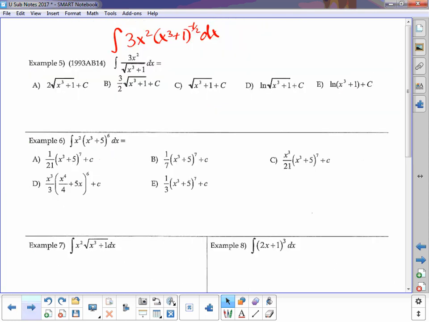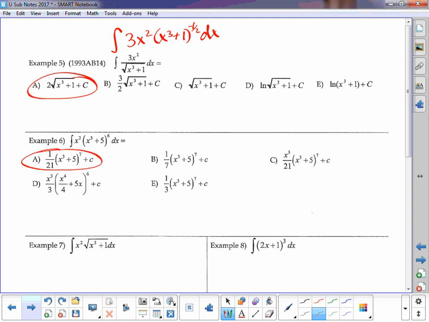All right, what did we get for example 5? And example 6? All right, so a couple of things here. Let's just go ahead and real quick make sure we have the correct u and du. So for this, did we let u be x cubed plus 1? So then du was just 3x squared dx.